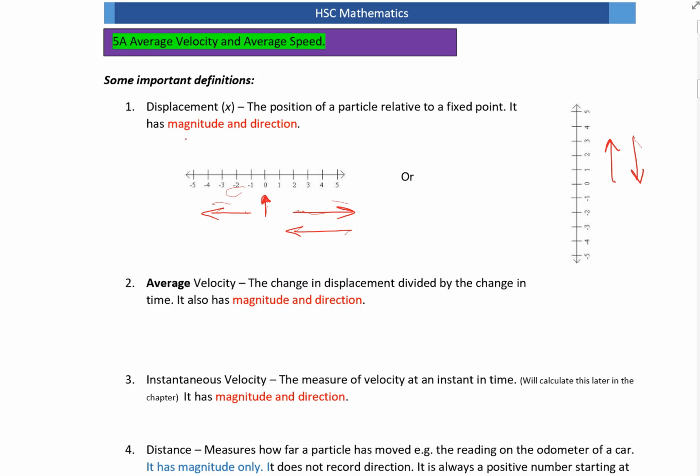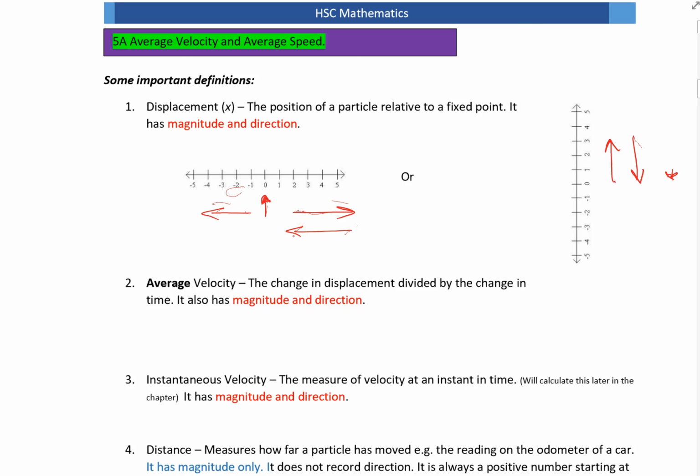It's either a positive or it's a negative, or over here we might be saying up or down. And like I said, we get to choose that. And we don't change what we're used to. Because this looks very much like the x-axis, then we would say a movement to the right is a positive displacement, a movement to the left is a negative displacement.